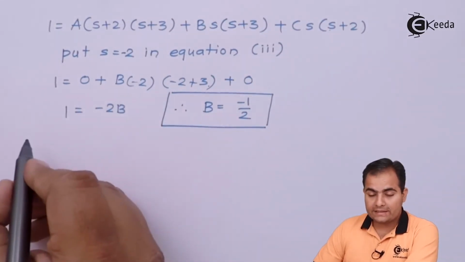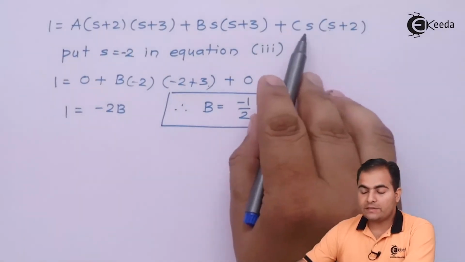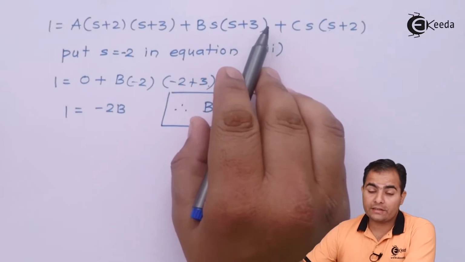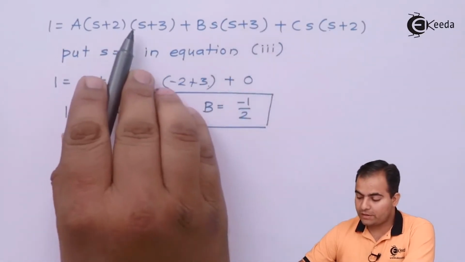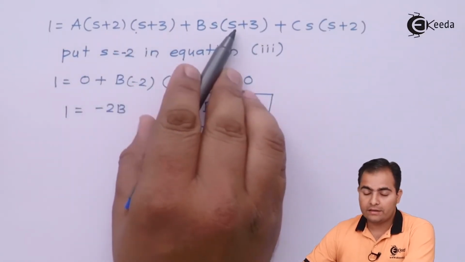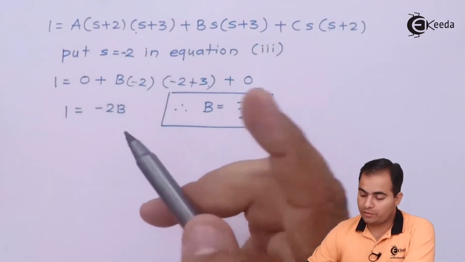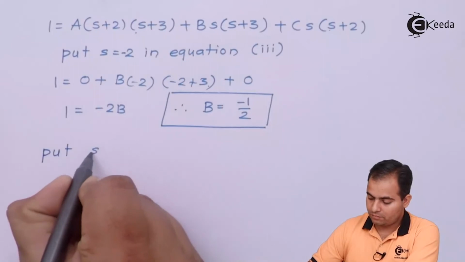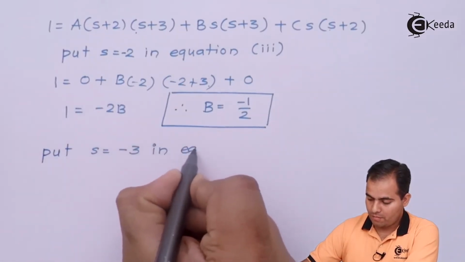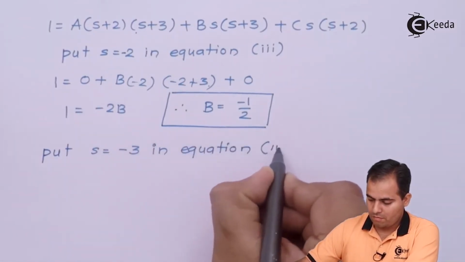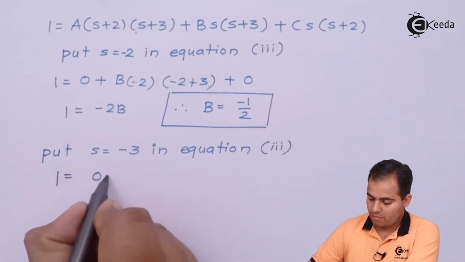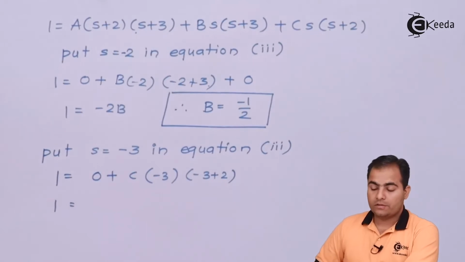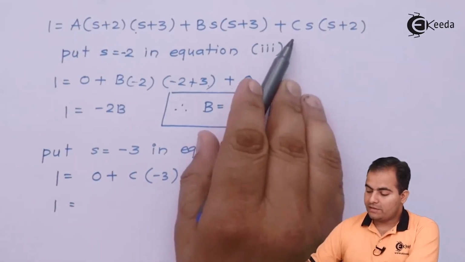Now we'll move on to next, that is C. Which term is missing over here? The s plus 3. So equate this s plus 3 equal to 0. What you will get? S equals to minus 3. And if I substitute s equals to minus 3 over here and here, then automatically B and A value becomes 0. You will get only the value of C. So this s is replaced by minus 3.